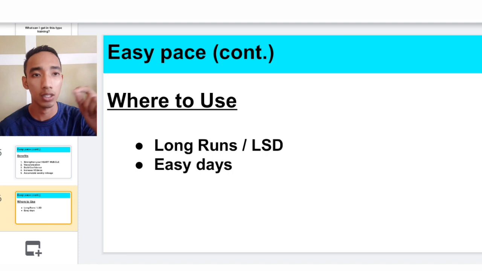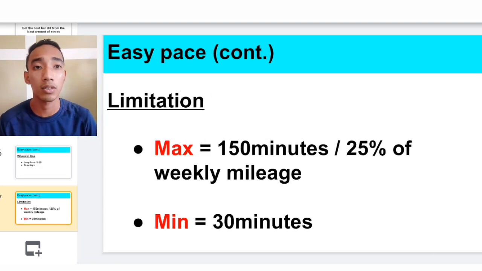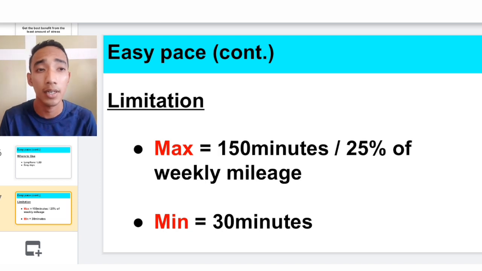Where to use it: in your long run, or most often we call this an LSD or long slow distance. Yeah, easy days. Easy days are easy runs just to accumulate your weekly mileage. Easy pace also has its limitations, that would be a maximum of 150 minutes or 25 to 30% of your weekly mileage, whichever comes first. So there is no reason guys nga mo lapas tag 150 minutes or 2 hours and 30 minutes kay.